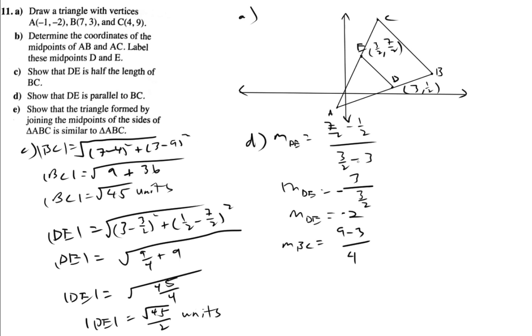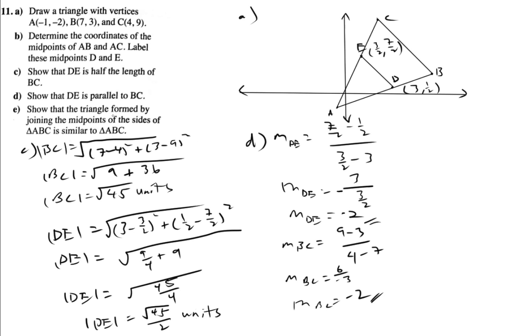Yep, because 3 halves minus 3 is going to be negative 3 over 2. So then we have 9 minus 3 over 4 minus 7. So the slope of BC is going to be equal to 6 over negative 3, or negative 2. So as you can see, the slopes are the same, so we know that DE and BC are parallel.